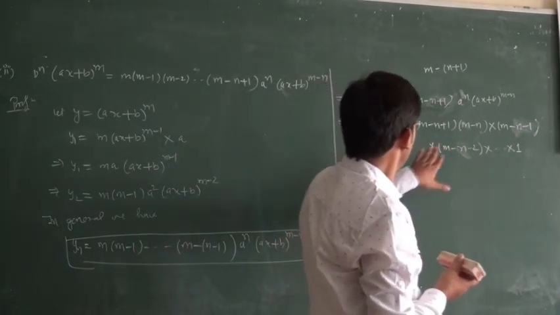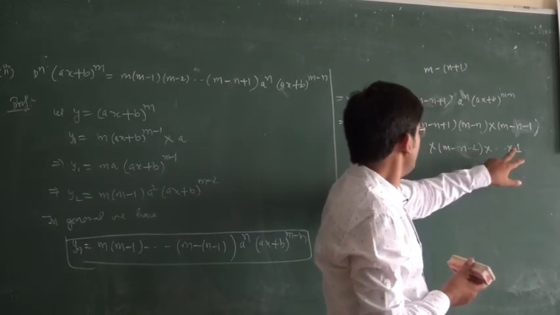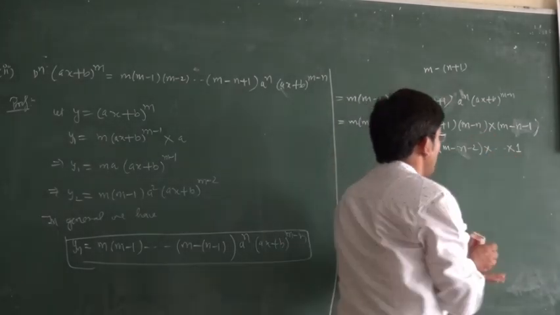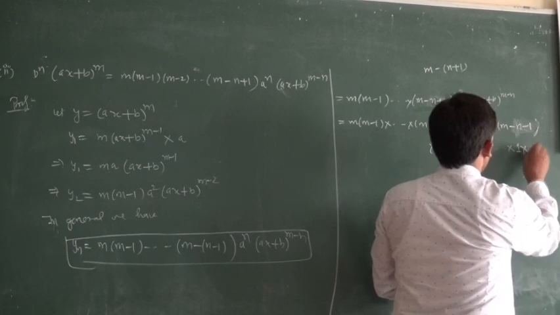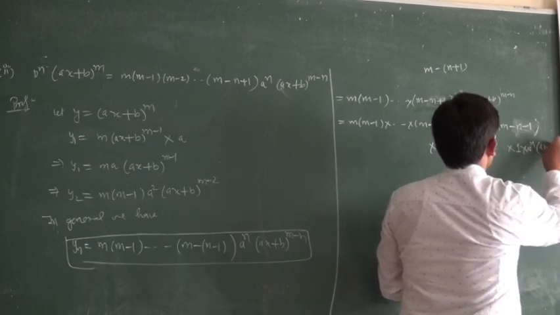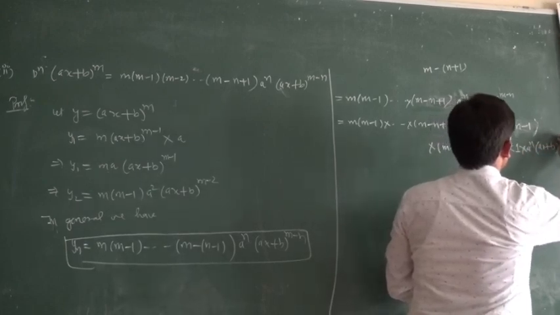So we are multiplying the numerator by 1 into (m-n), now into a^n into (ax+b)^(m-n).